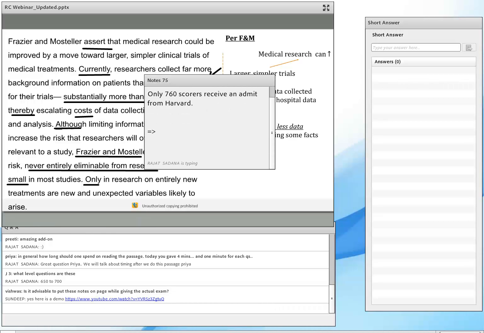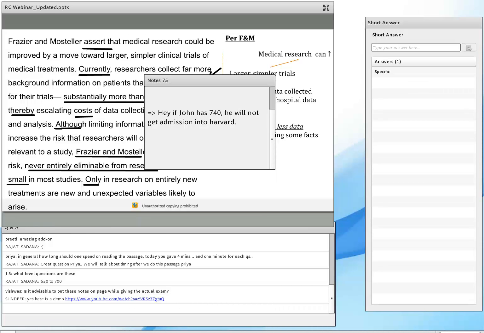But the other inference is that, hey, if John has 740, right? You can also infer that. Because the word only is a very strong segmentation word. It talks about one point. And always remember this.